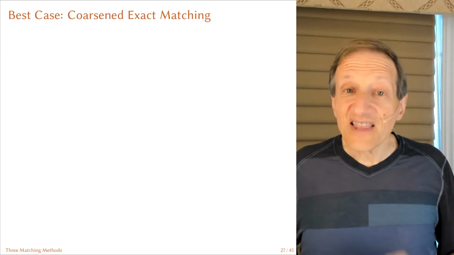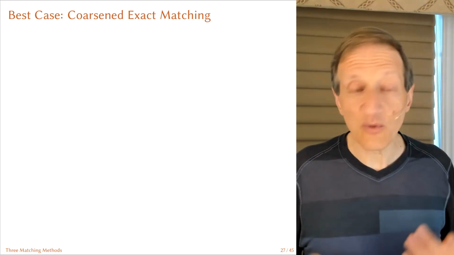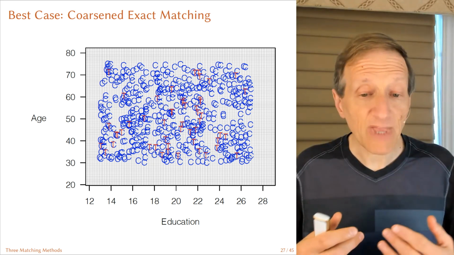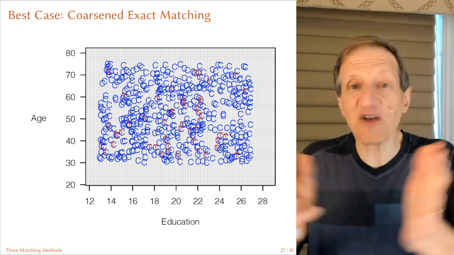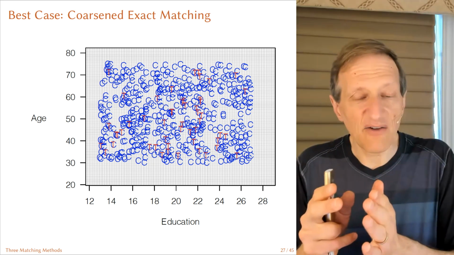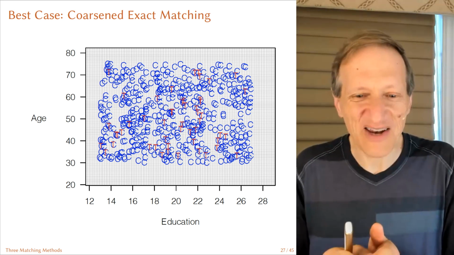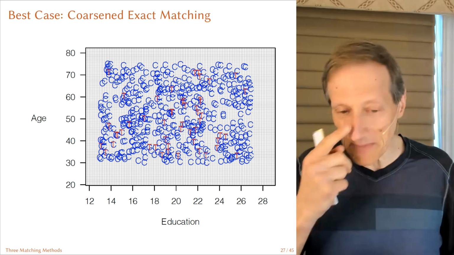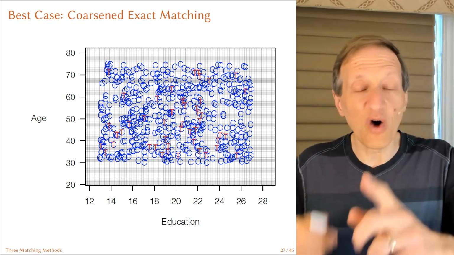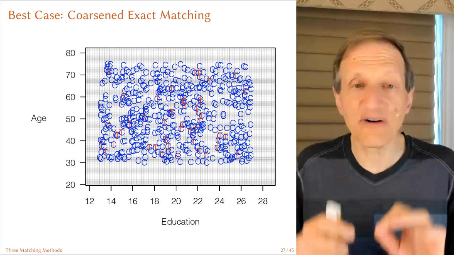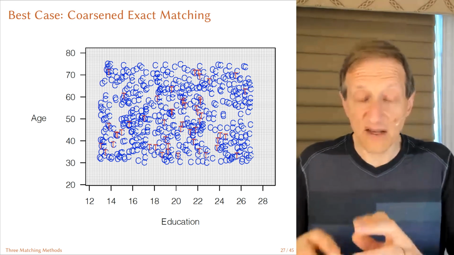Okay, let's do the best case, of course, in exact matching. What's the best case? The best case is you use very, very fine-grained coarsening. But with this wonderful data set, with each T near or essentially on top of each C, there's a great match there.